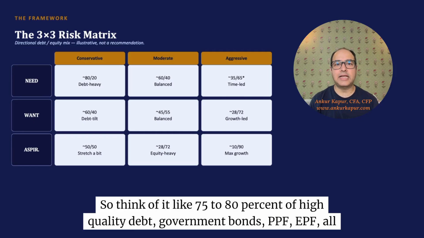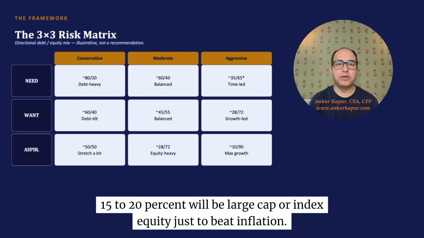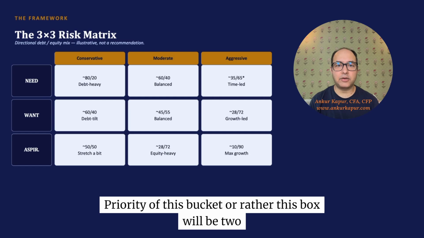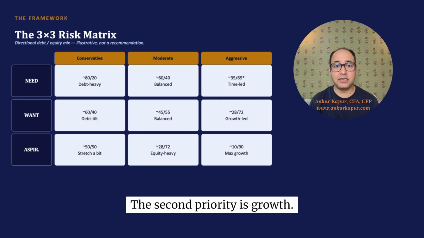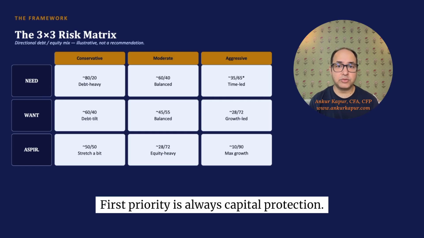Think of it like 75 to 80% of high quality debt, government bonds, PPF, EPF, all that will come under this. 15 to 20% will be large cap or index equity just to beat inflation. Priority of this box will be protect the capital first and then growth. The second priority is growth. First priority is always capital protection.